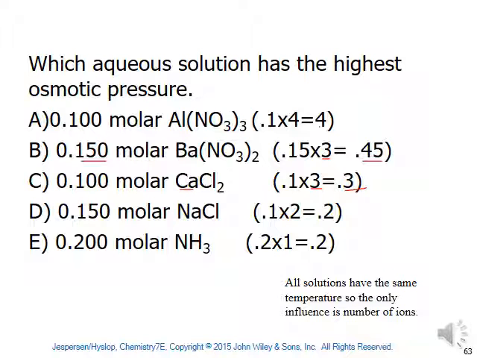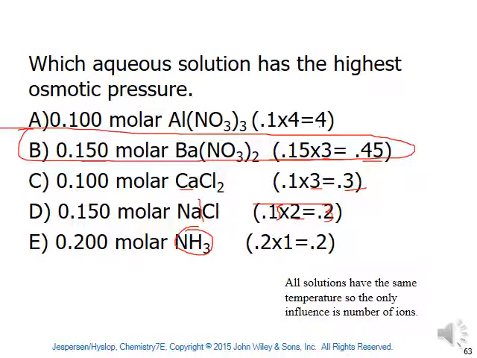This one could break into 2 parts, Na and Cl, and it's 0.15, so this is 0.3. Made a little mistake there. And the last one does not break apart at all, so it's going to be 0.2 times 1, or 0.2. So B is going to break into the most parts, and it's going to cause the highest osmotic pressure.